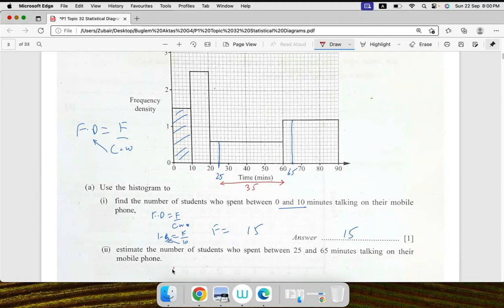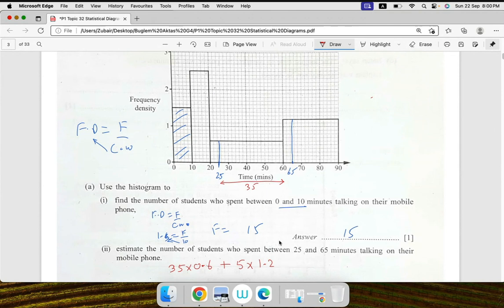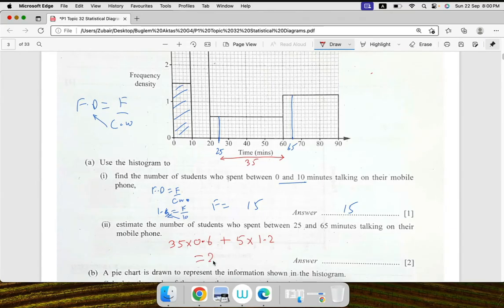And then I times that 35 with the height, which was 0.6. Yes. And then I did the 5 times the 1.2. And then that was 27. Okay, I'll try again.